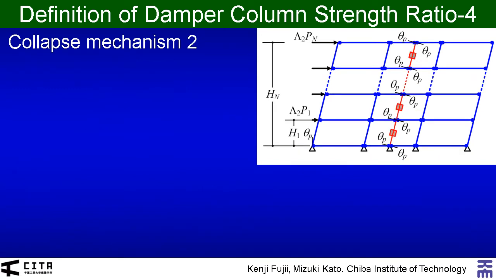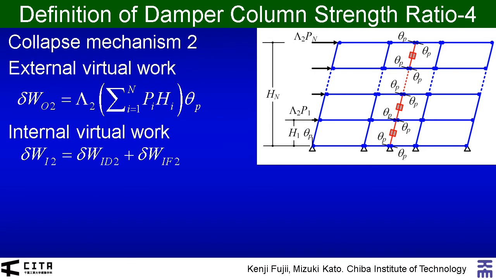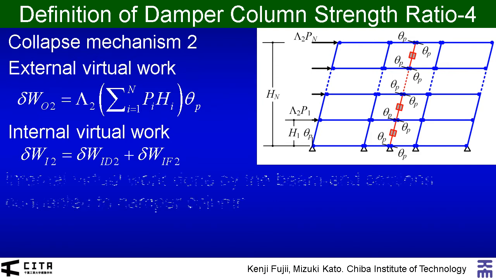Next, we would like to analyze the collapse mechanism 2. Similar to mechanism 1, the external virtual work is calculated as shown here. In addition, the internal virtual work of mechanism 2 is the sum of the internal virtual work done by the beam end section connected to damper column and that done by the other RC beam section.